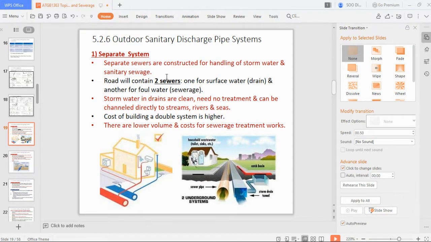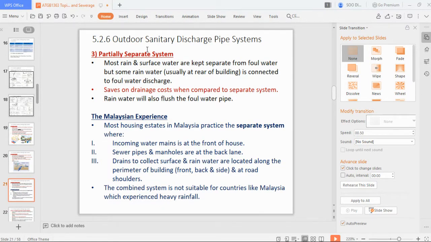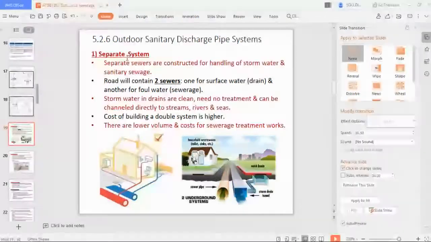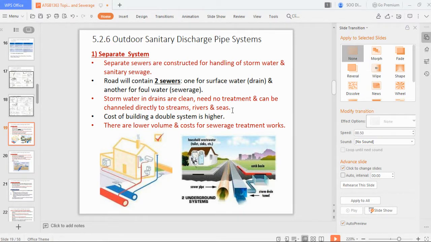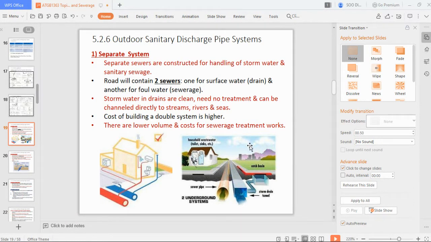Okay, so when you go to outdoor sanitary discharge pipe system, this is already out of your unit. You have a separate system, and we have a combined system, and then we have a partial separate system. So there are three systems to it. The first system, which is a separate system, we are actually separating sewer from stormwater and sanitary sewage.